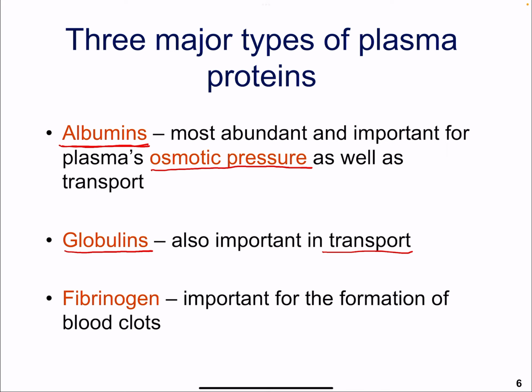And among the globulins, you are going to have some globulins that are not necessarily involved in the transport, but that are doing other jobs, such as protection. Now, these globulins that are involved in protection are called immunoglobulins.